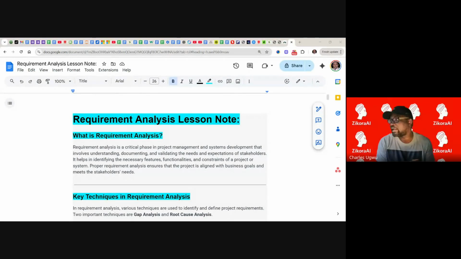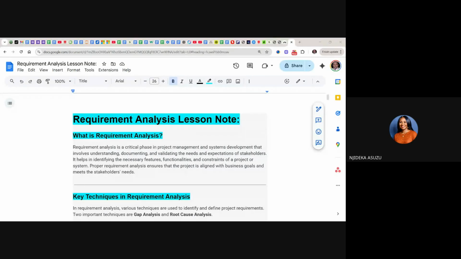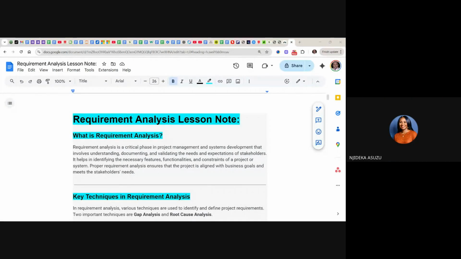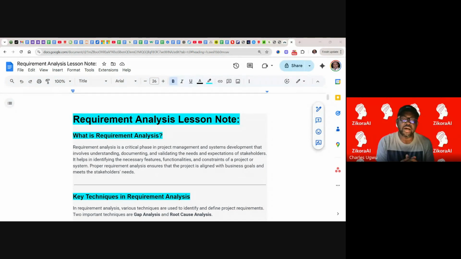There's nothing like levels of requirements, Madam Njideka. I don't know where you read that, but if you go through the notes, we have functional requirements, we have technical requirements, we have different types, but there's nothing like levels of requirements. We have high-level requirement and low-level requirement.